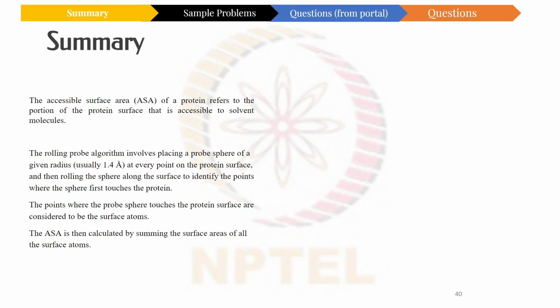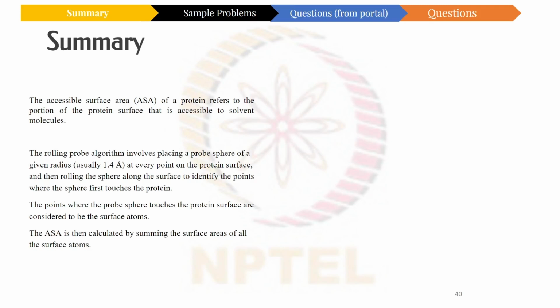The points where the probe sphere touches the protein surface are considered to be the surface atoms, and the remaining points are considered to be the interior atoms. Then the ASA is calculated by summing up the surface areas of all the surface atoms, and the surface area of each atom is determined by the area of the sphere that is not covered by the protein. These areas can be calculated using geometric formulas.